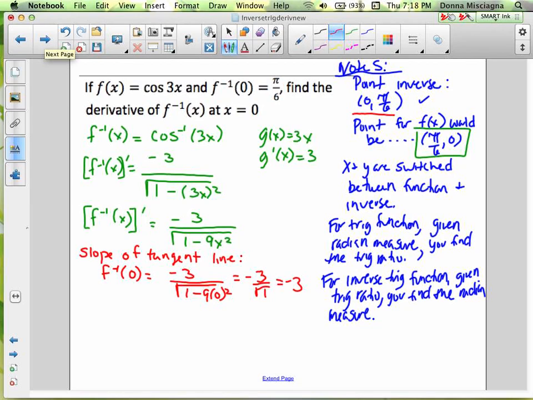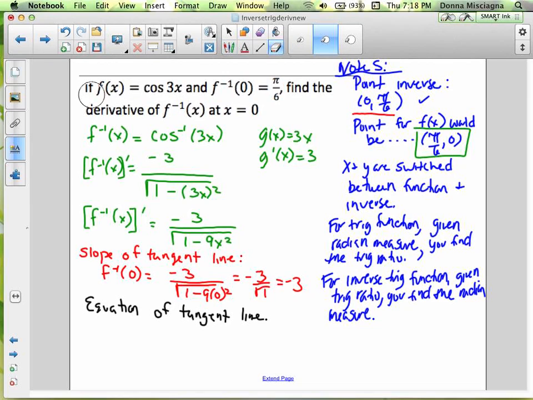Let's write the equation of the tangent line. Now, got to be careful on this one. We get the slope by plugging into the derivative. We get the point by plugging into the original function. Actually no, let me take that back.